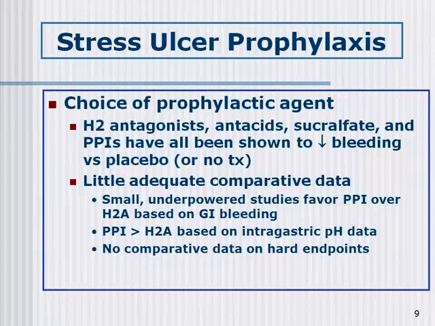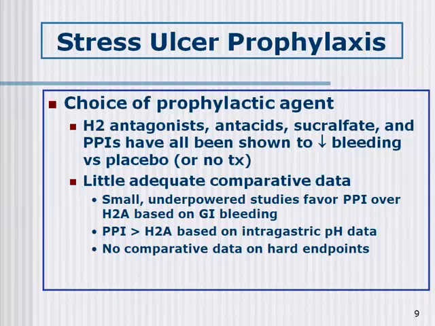But the reality is there's relatively little comparative data available, showing that one class of drug is clearly better than another. There are some small underpowered studies favoring proton pump inhibitors over H2 receptor antagonists based on GI bleeding. We know that proton pump inhibitors do a better job of maintaining intragastric pH above 4 for a longer period of time over the course of a day.